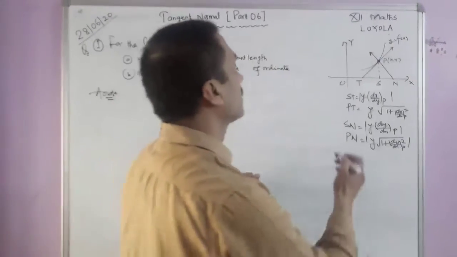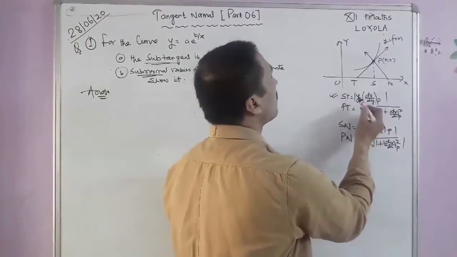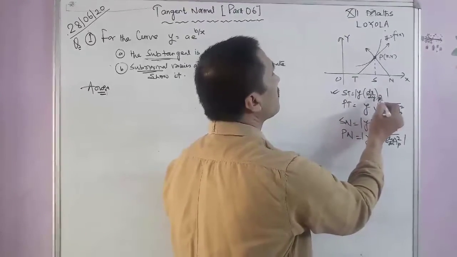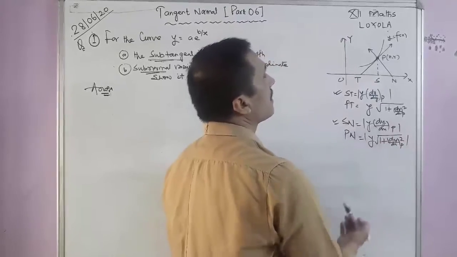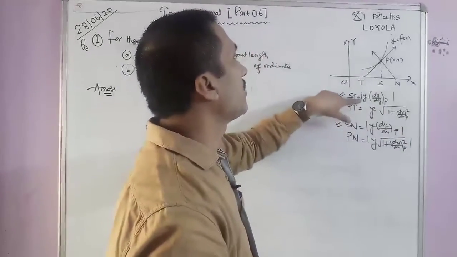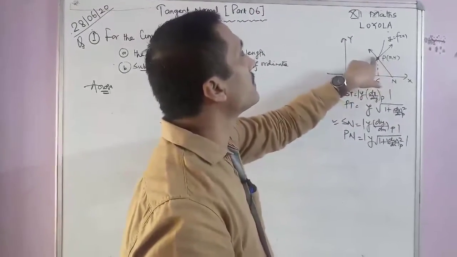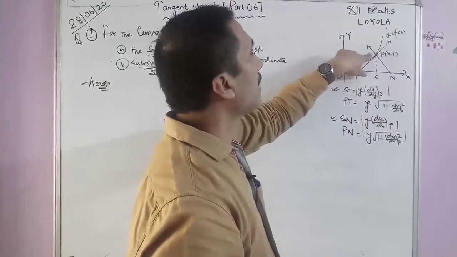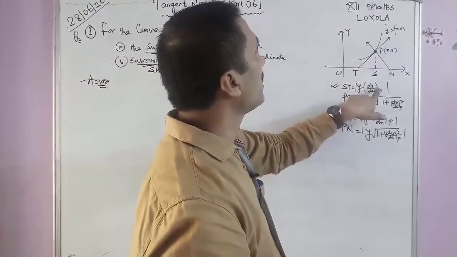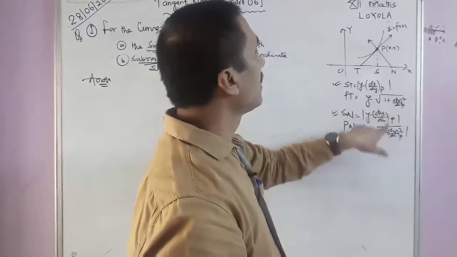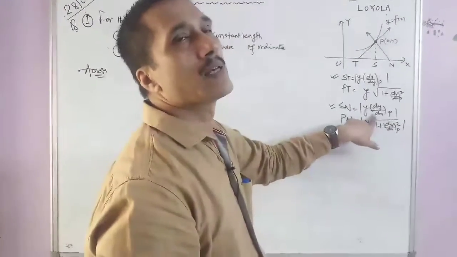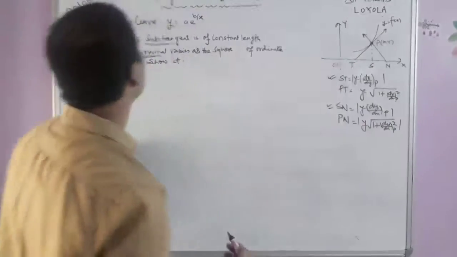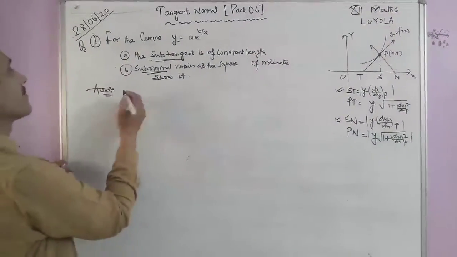We have the formula: subtangent is y dx by dy at point P and subnormal is y dy by dx at point P. Here y means y coordinate of this point. So we first differentiate the equation of the given curve.